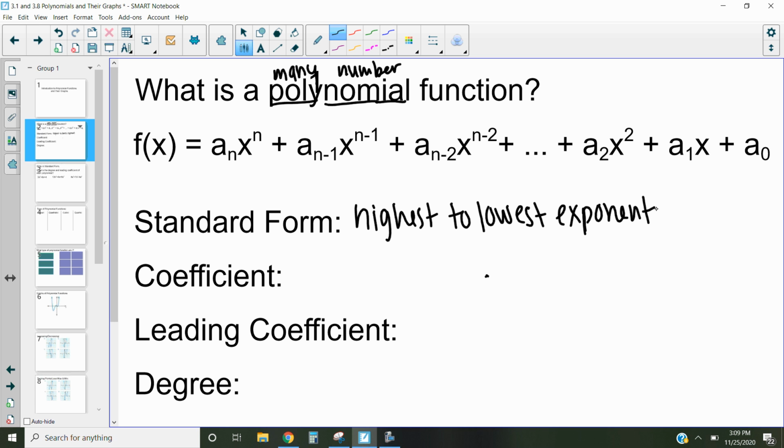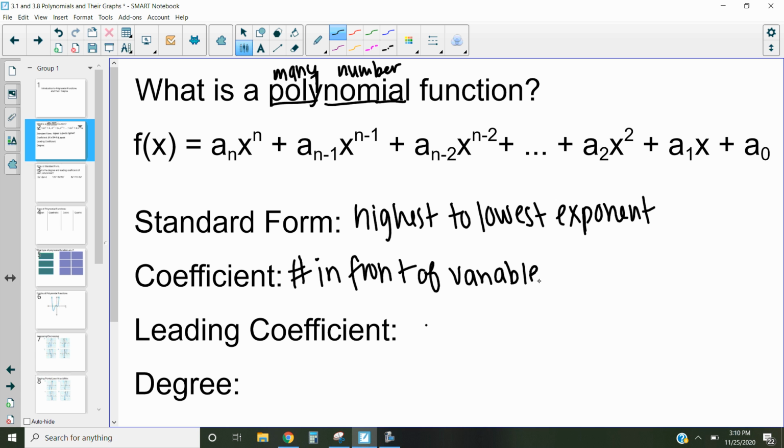Now, this is a very general term where n is our highest exponent, and every number after that is going to be less and less than that. And then we organize it that way, and then we can figure out other things. Now, a coefficient is an example of these numbers that are in front of our x's here, and that's just the number in front of our variable.